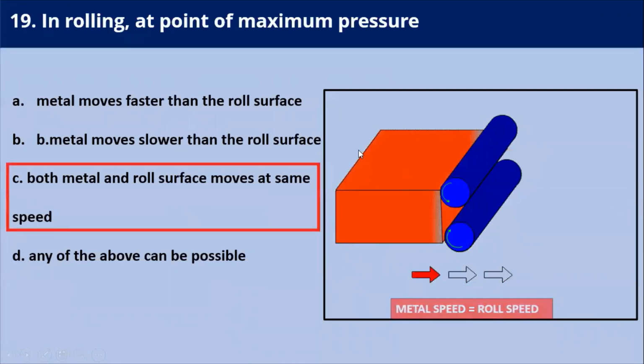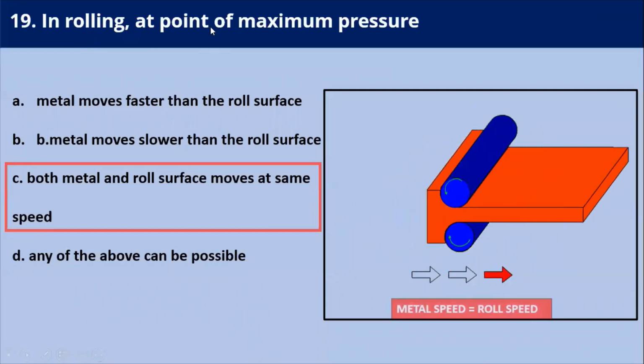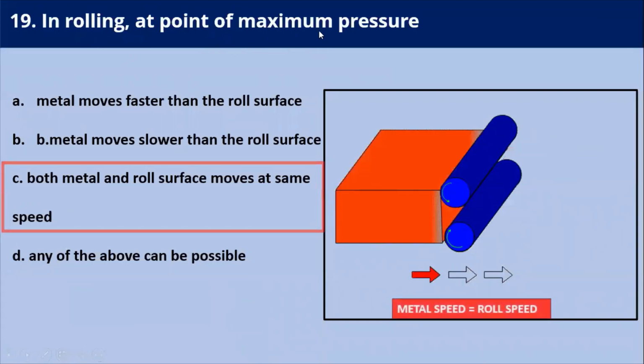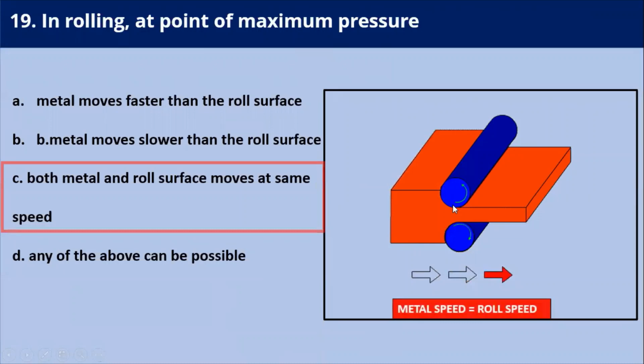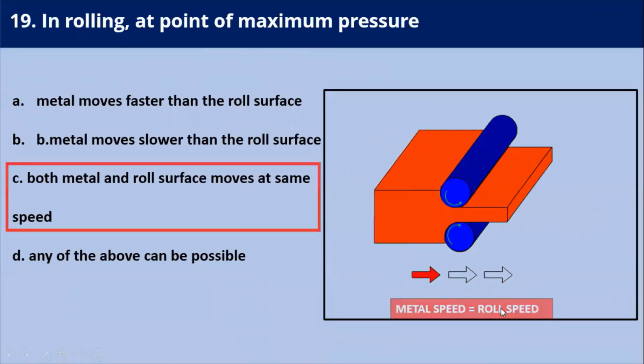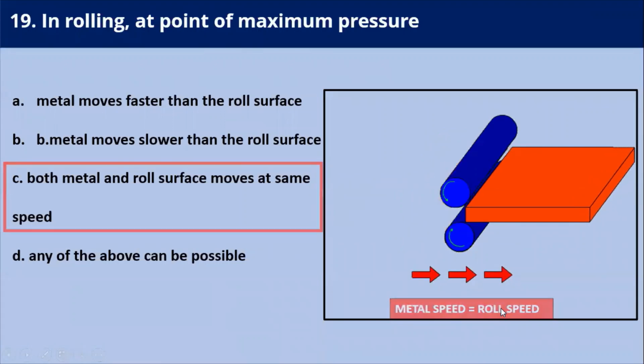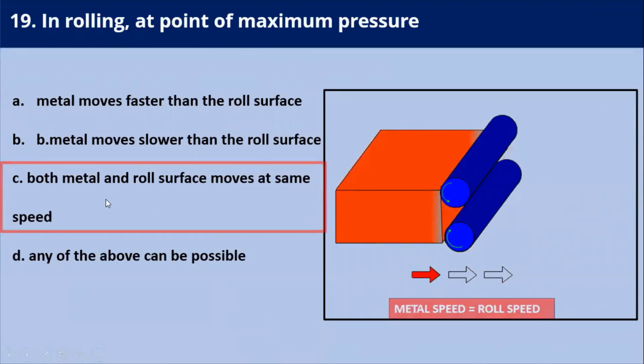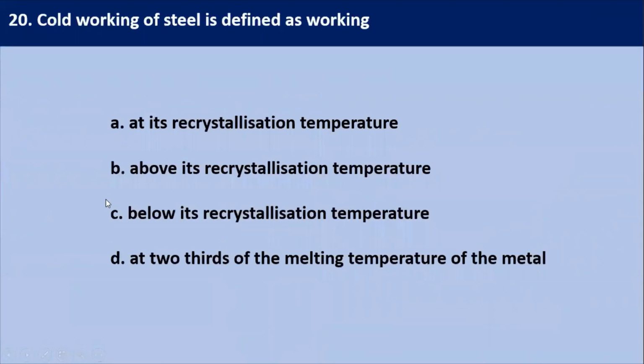Then only we can get the point of maximum pressure. Here we'll get the maximum pressure, but the condition is that metal speed should be equal to the rolling speed, and that's why our answer is C.